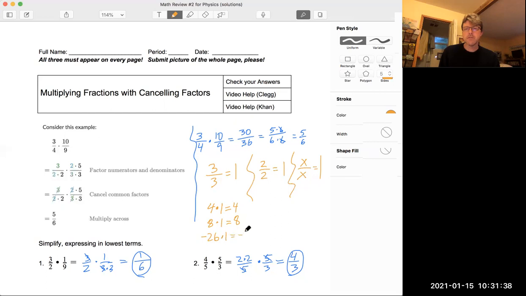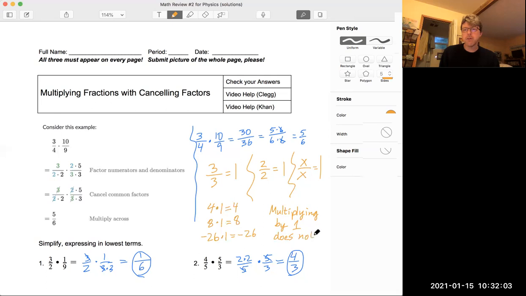That's equal to negative 26. All right, very good. So what's the conclusion here? Multiplying by 1 does what? Multiplying by 1 does nothing.